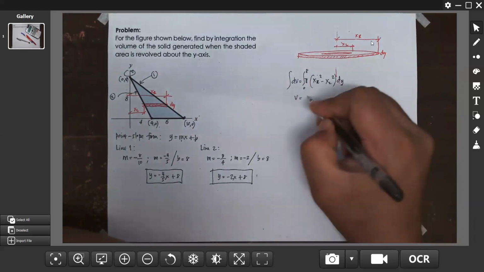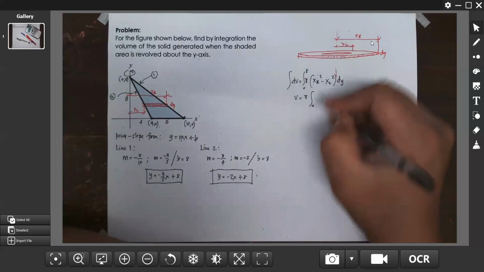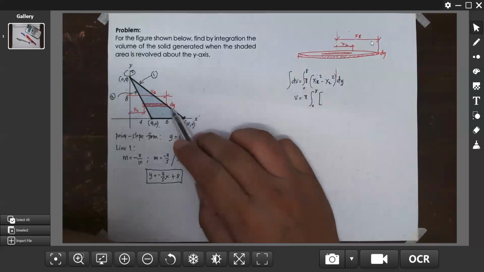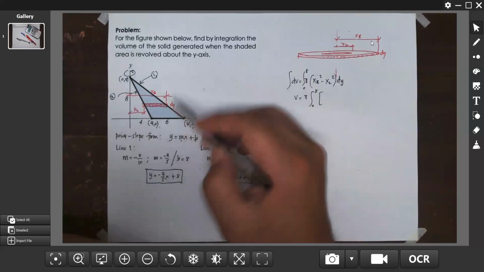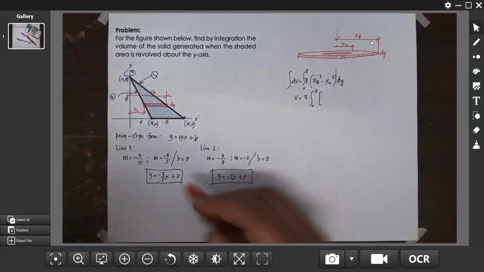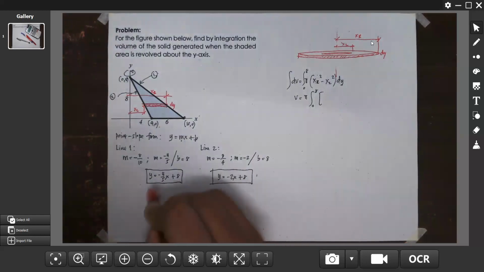So V equals pi integral from 0 to 8. Our x right is for line number 1. How do you solve for x? What we will do is transpose x.